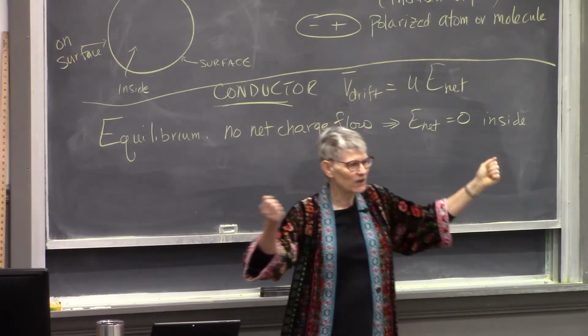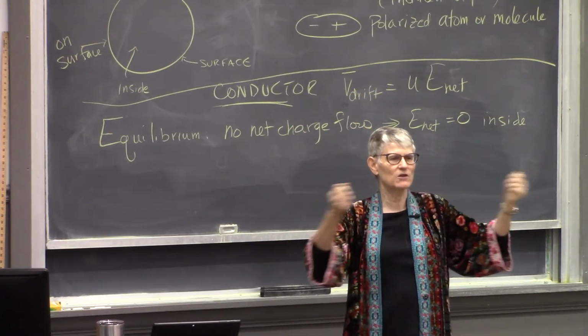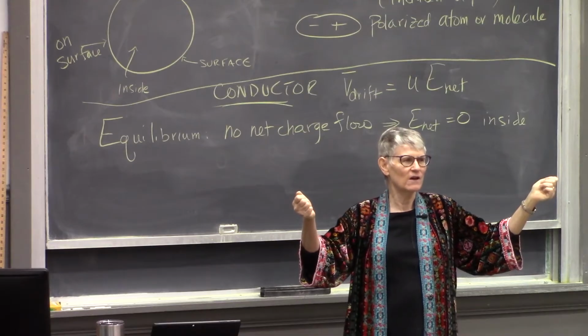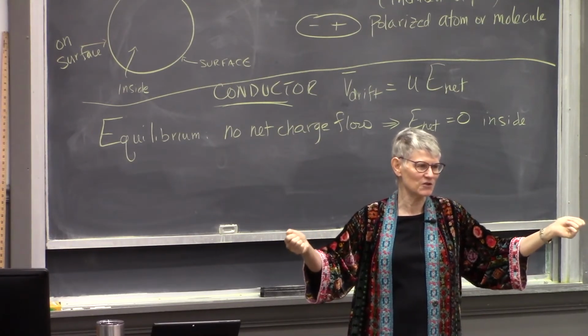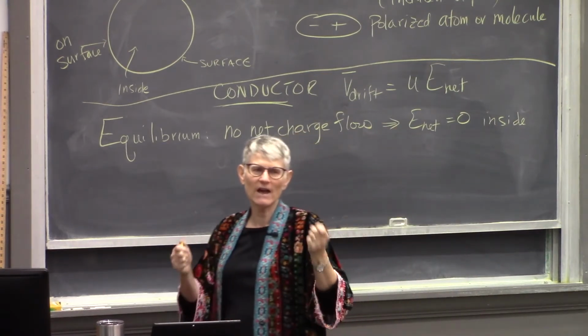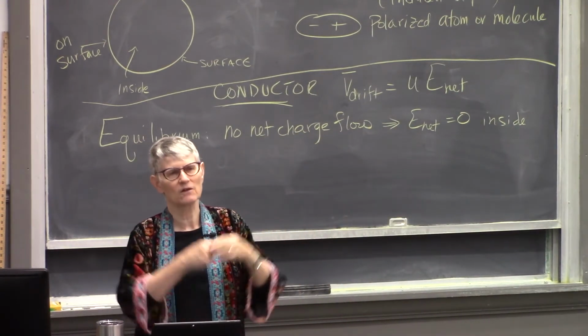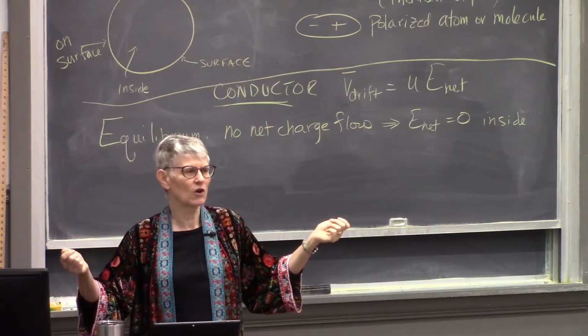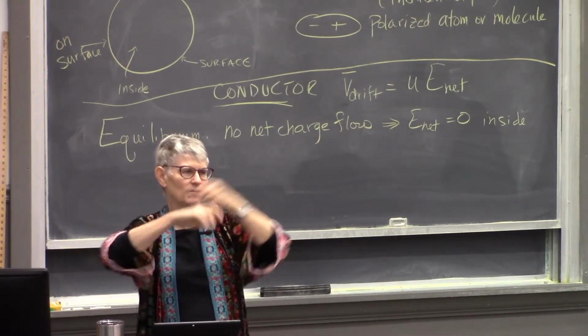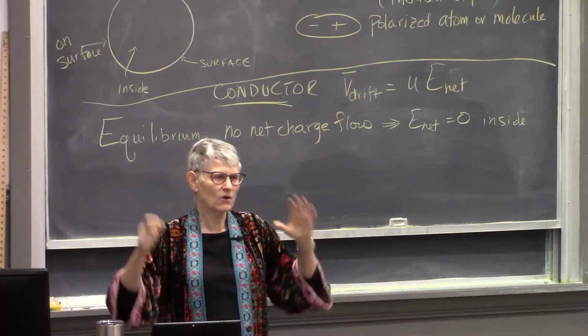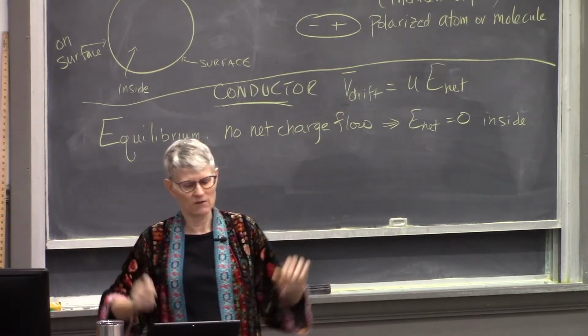There'll be net charge flow, and that's not our definition of equilibrium, so we just reached a contradiction. So therefore, at equilibrium in a conductor, the charges aren't moving around, they're bouncing around, but there's not a net flow in any given direction.